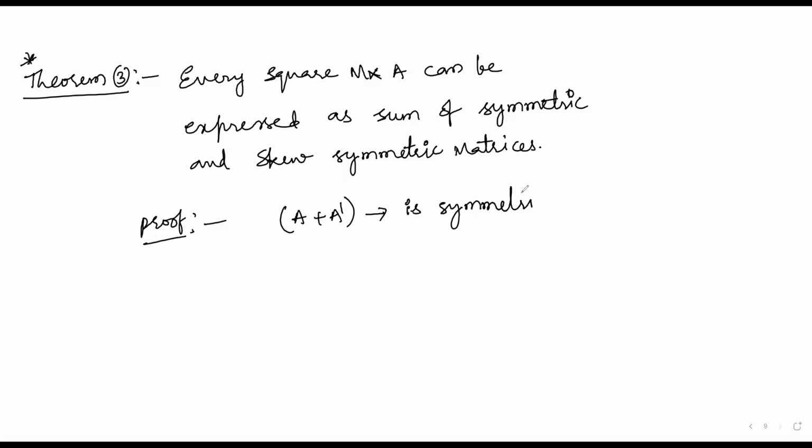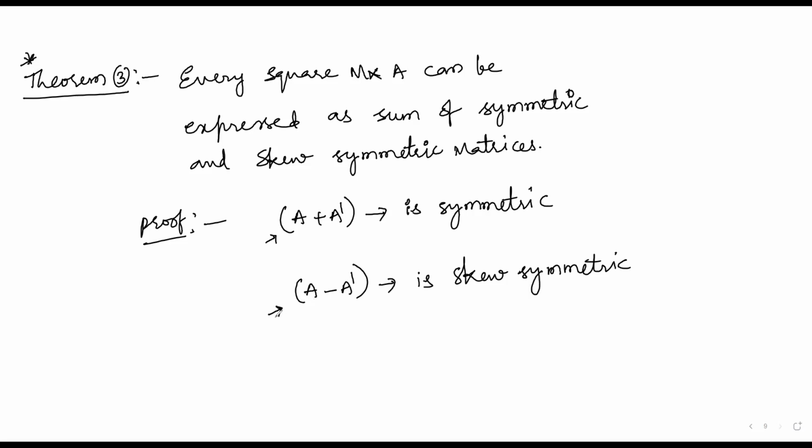Here A minus A transpose is always skew symmetric. Now, A I should express as a sum of these two. I should add these two. If I add these two, what am I getting?